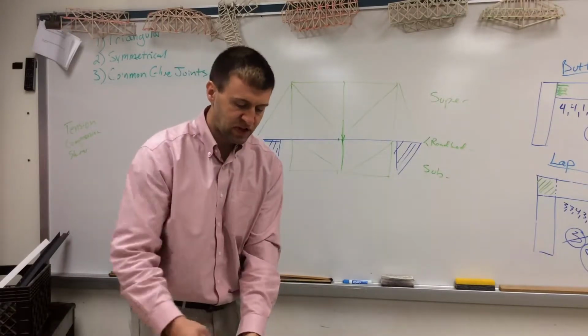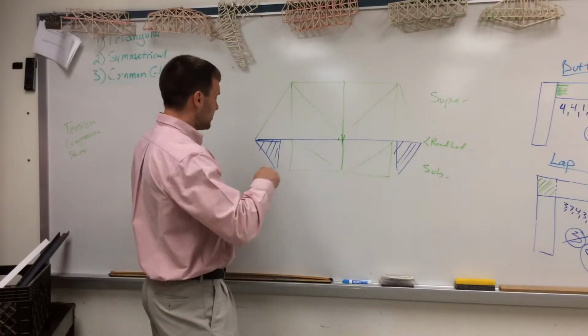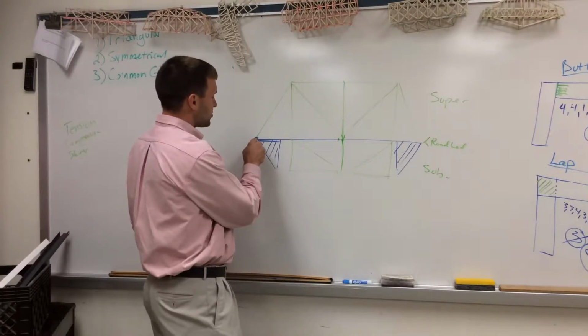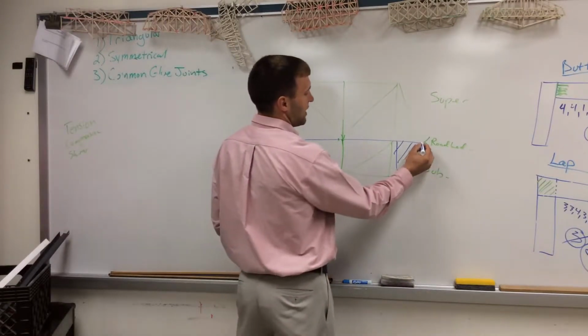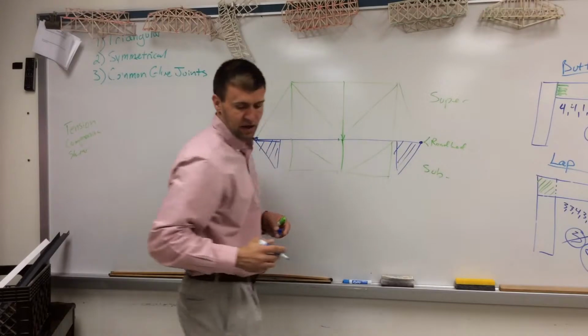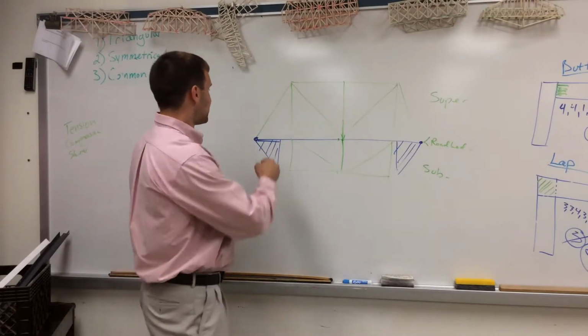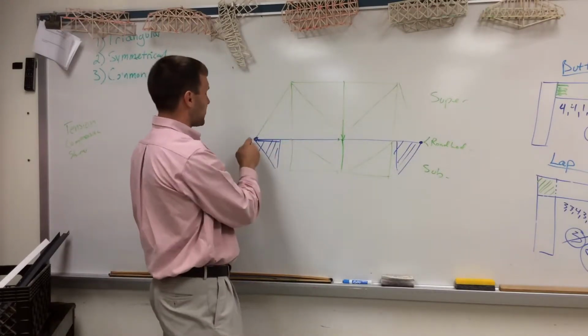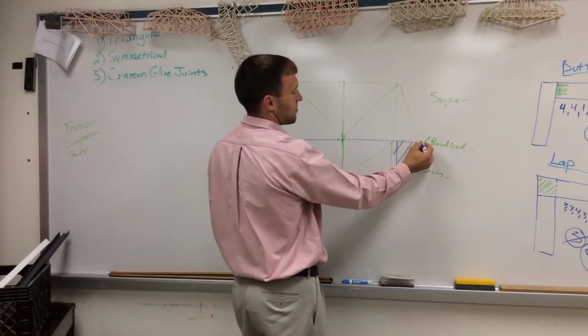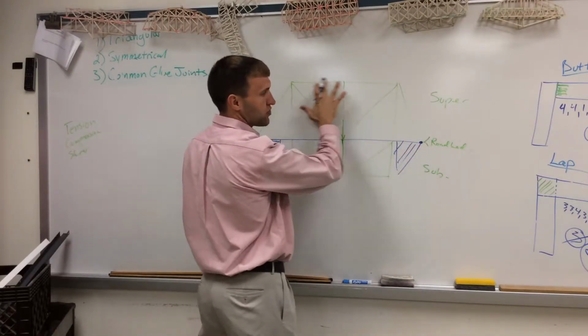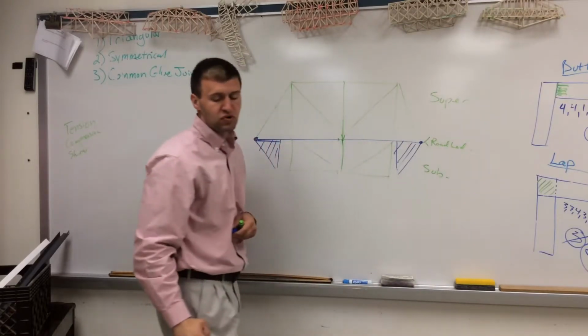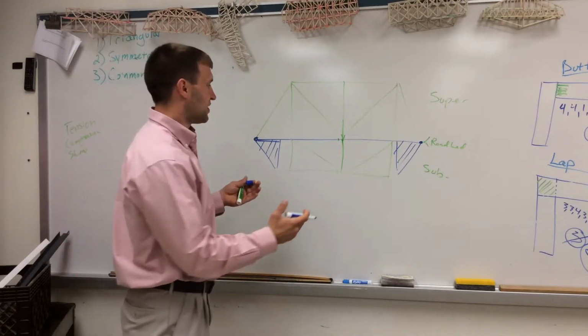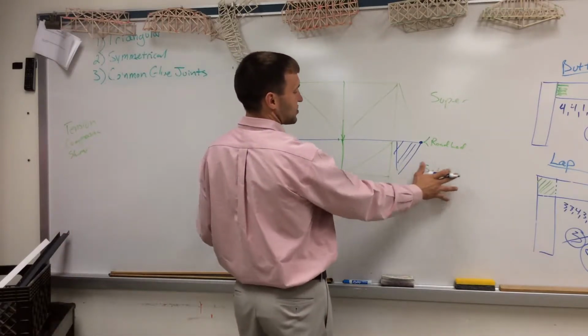In addition, on this sheet of paper, we need to start our superstructure all the way on the left end and then all the way on the right end of the graph paper. So if this is the far left edge of our graph paper, that's where we want to start. The far right edge of the paper is where we want to end for our superstructure. The substructure is a little bit different because it can't go out into the ground that it's actually sitting on.